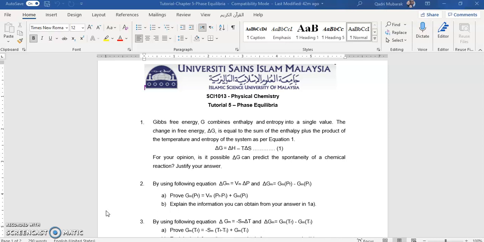Given equation 1, delta G equal to delta H minus T delta S, where delta H is the enthalpy, T is temperature, and delta S is the entropy. That is the definition of the equation. In your opinion, is it possible that you can predict the spontaneity of a chemical reaction? Justify your answer.